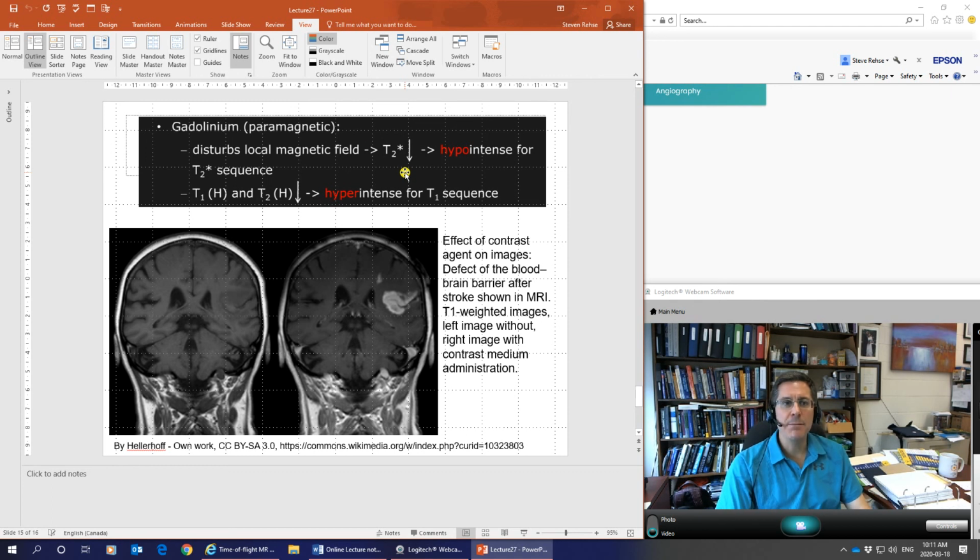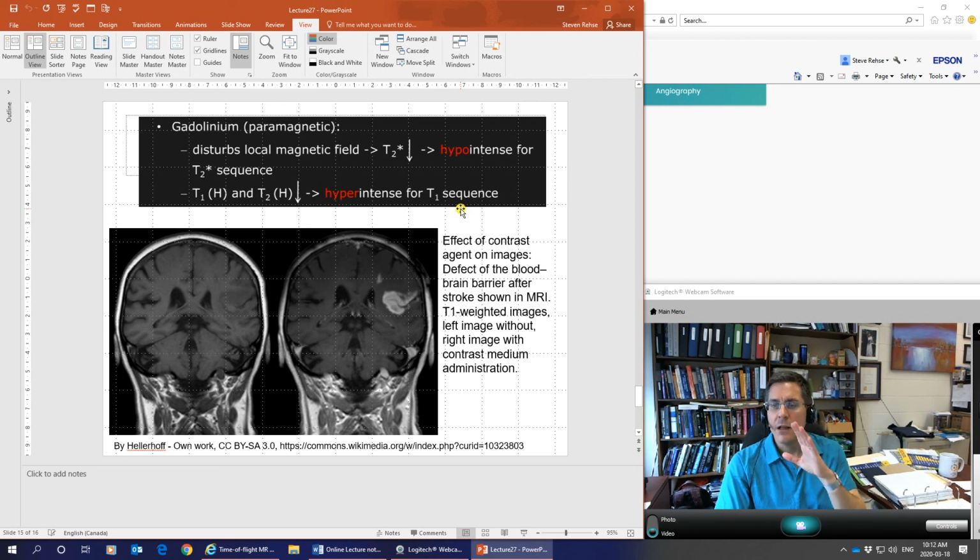When you inject it into people, it also reduces T1 and T2 of the proton. So the T1 time of hydrogen and the T2 time of hydrogen are reduced. If you reduce T1 times, then when you do a T1 weighted sequence, the things that are bright are going to become brighter.